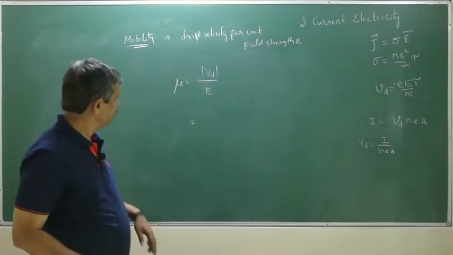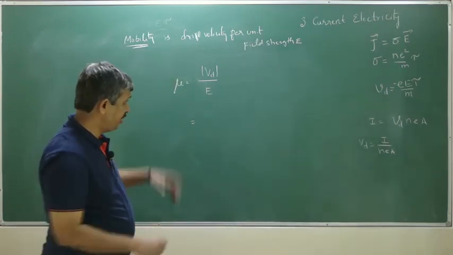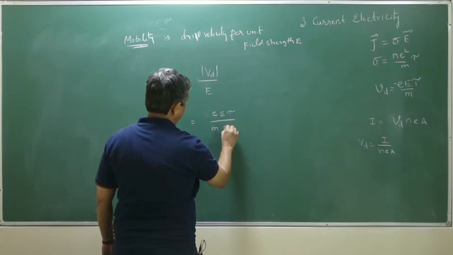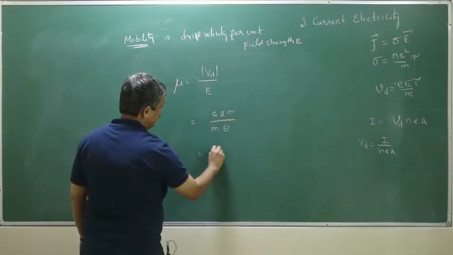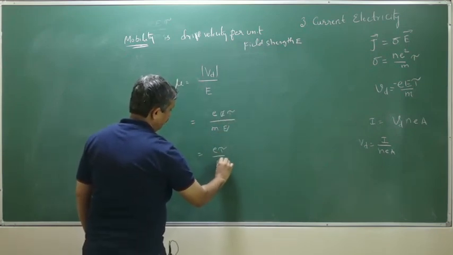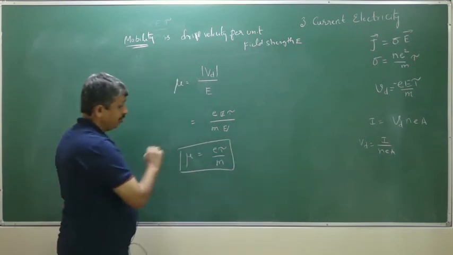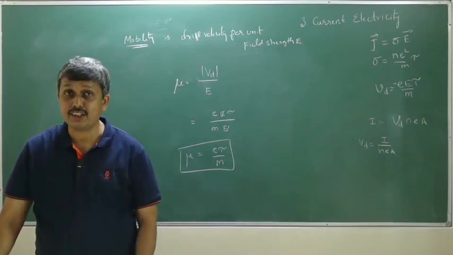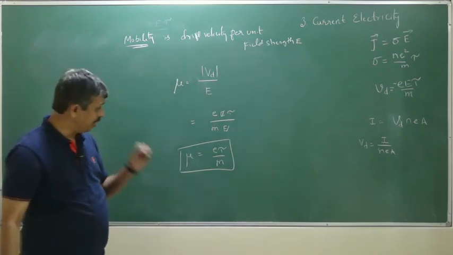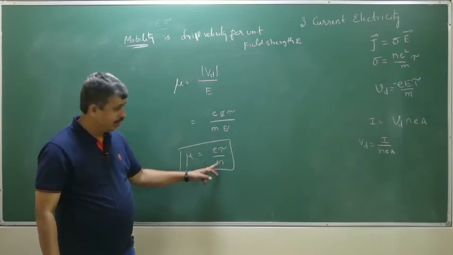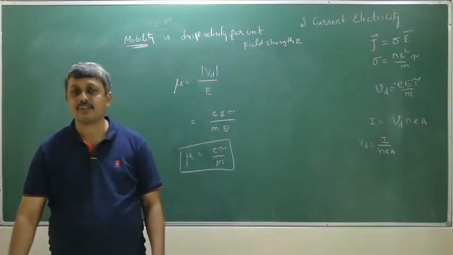For Vd, you can write it as E tau by m into E. This E cancels, leaving E tau by m. And you can see that mobility simply depends on these characters. Very interesting. You can see the mobility simply depends on the charge, the mass, and the relaxation time.